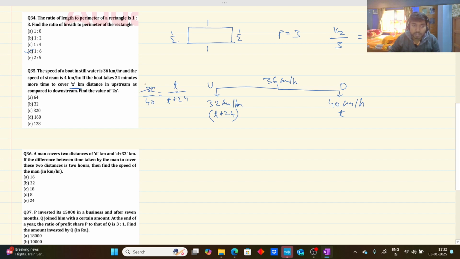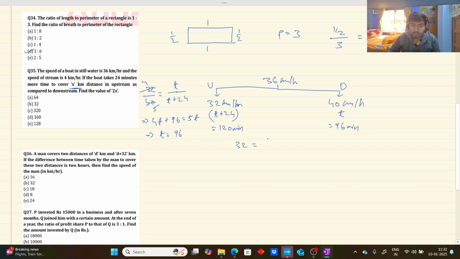If we divide by 8, we get 4 by 5, that is 4t plus 96 is equal to 5t, which implies t is equal to 96. That is 96 minutes, and the upstream time is t plus 24, that is 120 minutes. We just have to find out the distance x. Speed is 32 kilometers per hour.